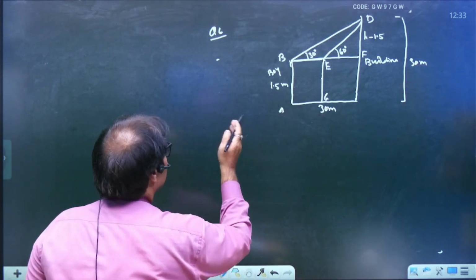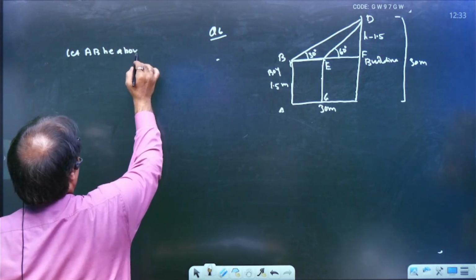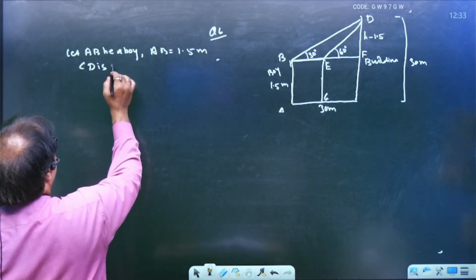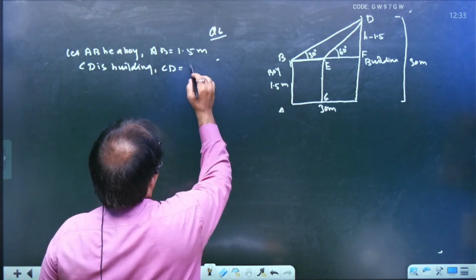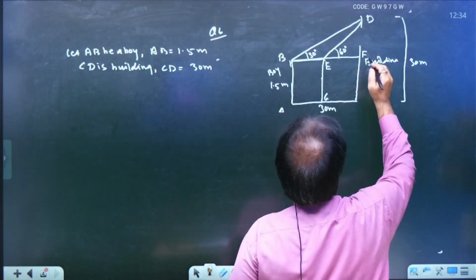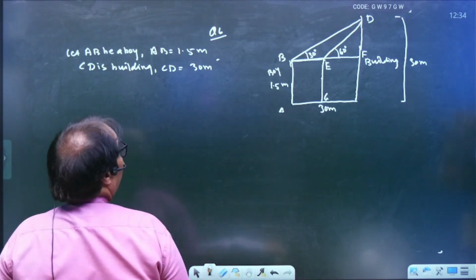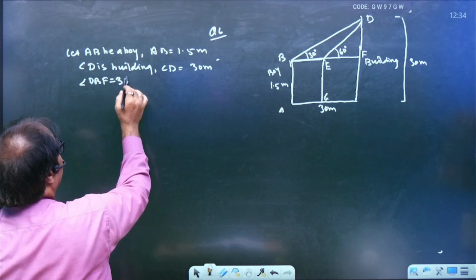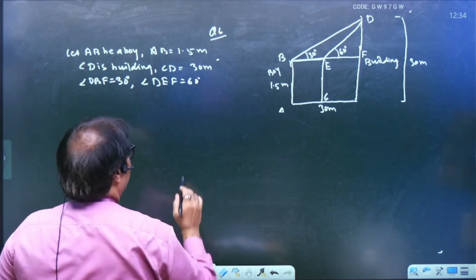Okay, so now start: let AB be a boy such that AB is equal to 1.5 meter, and CD is a building such that CD is equal to 30 meter, and angle DBF is equal to 30 degree and angle DEF is equal to 60 degree.